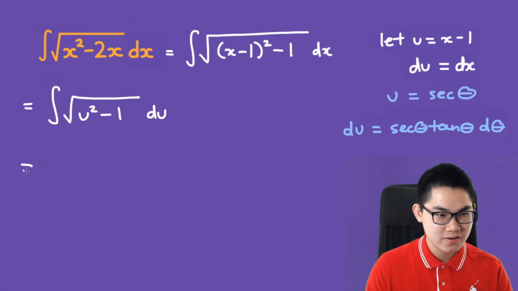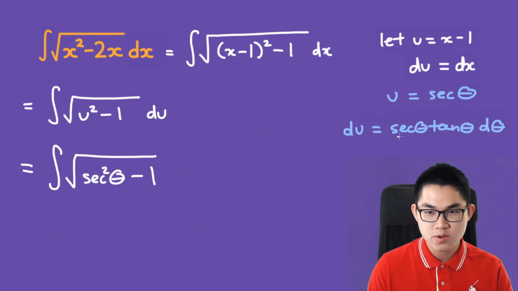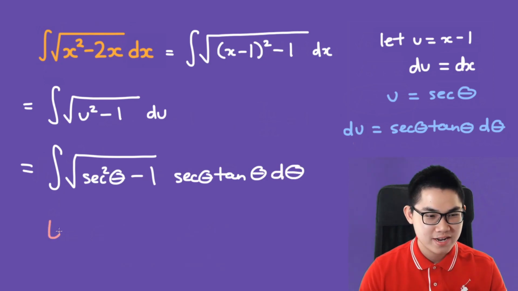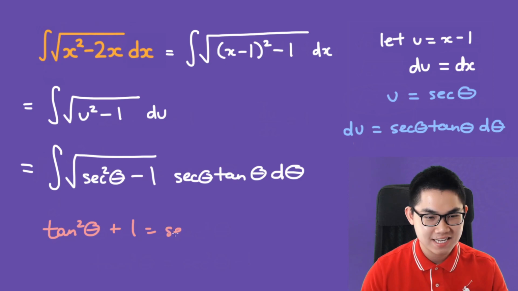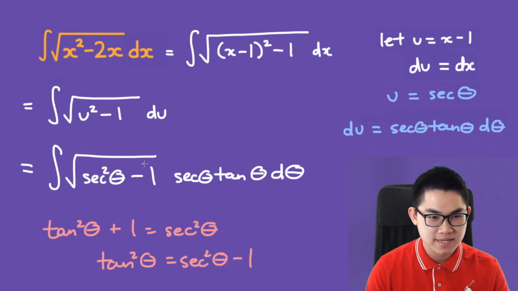And this integral is equal to the integral of the square root of u squared, and u is secant. So we have secant squared minus 1, and du. du is secant tan d theta. We know that tan squared plus 1 is secant squared. So if we subtract 1 from both sides, we get tan squared is secant squared minus 1, which is basically this part.